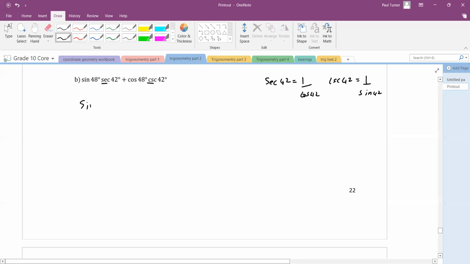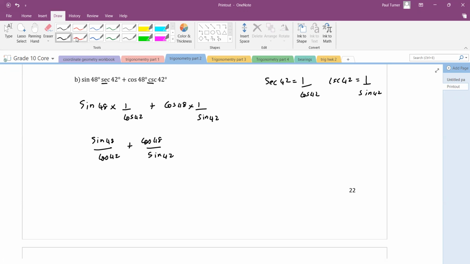So we've got sine 48 times 1 on cos 42, plus cos 48 times 1 on sine 42. If you like, we can join these back as a single fraction: sine 48 on cos 42 plus cos 48 on sine 42.